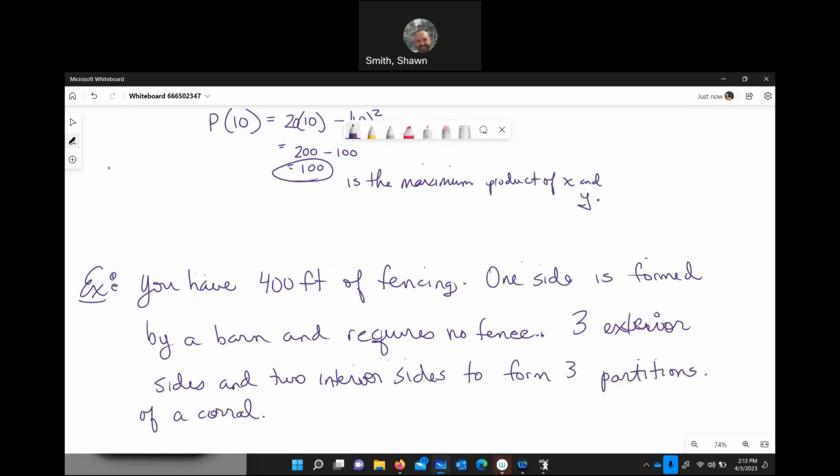What dimensions of the corral maximize the enclosed area?